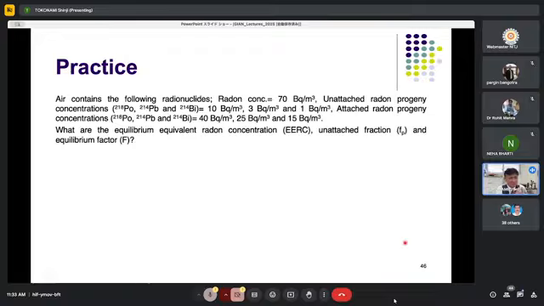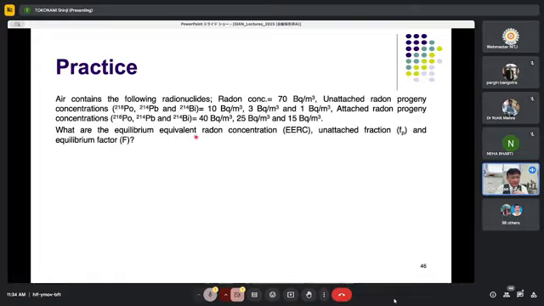So there is this practice. Air contains the following radionuclides: radon concentration 70 becquerel per cubic meter; unattached radon progeny concentrations 10 becquerel per cubic meter, 3 becquerel per cubic meter, and 1 becquerel per cubic meter; attached radon progeny concentrations 40 becquerel per cubic meter, 25 becquerel per cubic meter, and 15 becquerel per cubic meter.